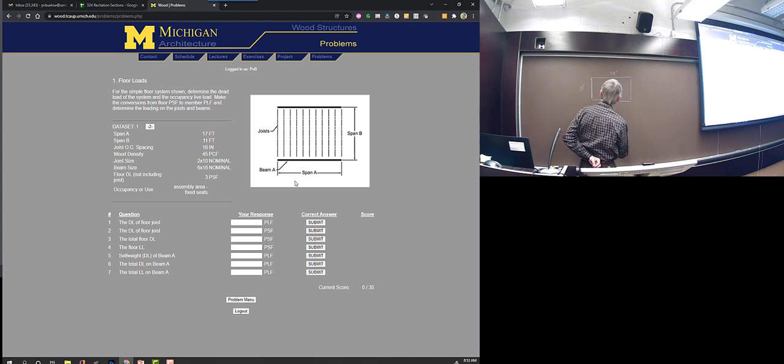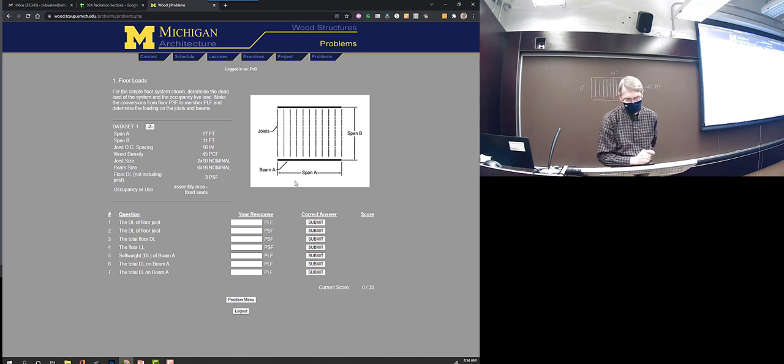And then we're trying to find, and this is a joist system that goes across it, and we're given the on-center spacing of the joists, so these are 16 inches on center, and we've got a wood density of 45 pounds per cubic foot.